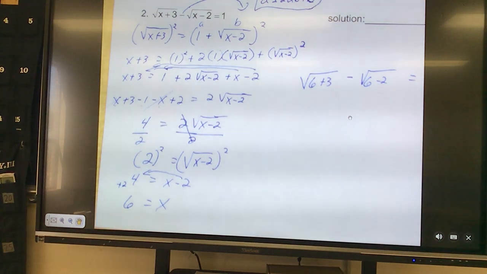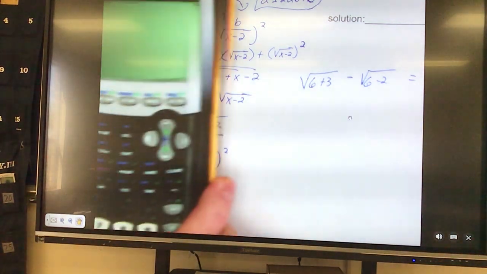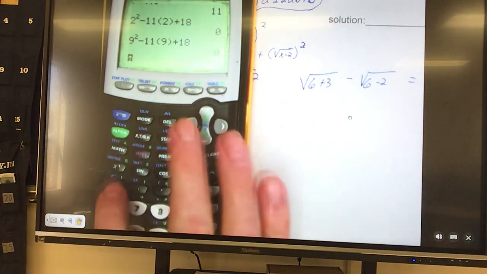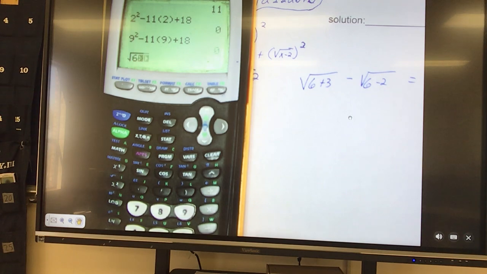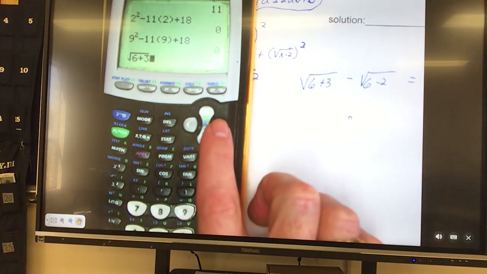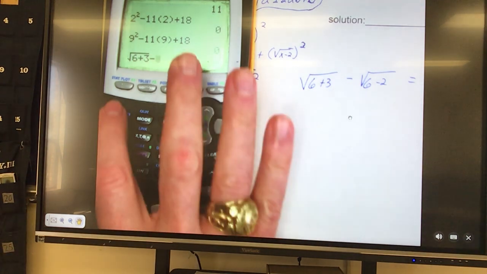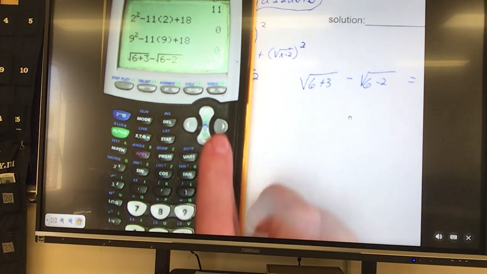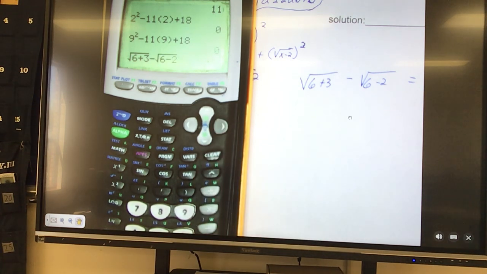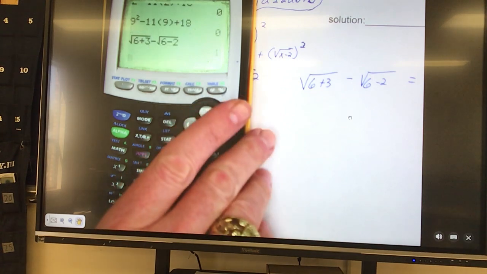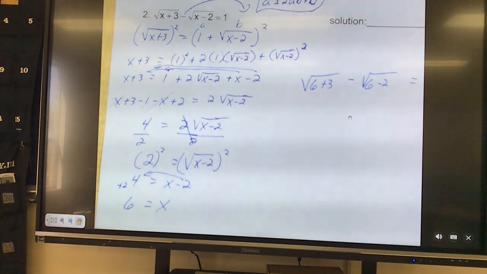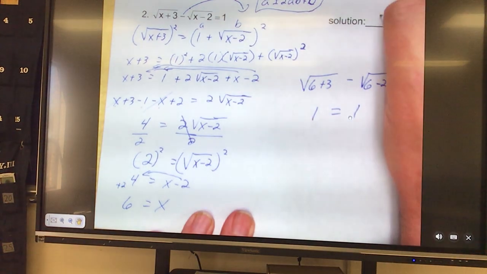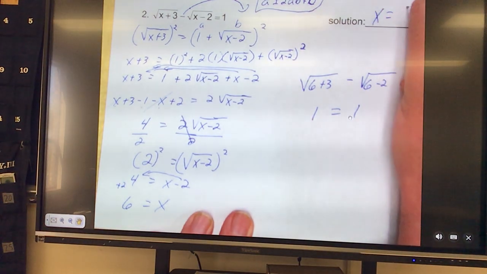So here we go, we crank up our calculator, and I'm going to go square root 6 plus 3, move out from under there, minus square root 6 minus 2, and hit enter, and sure enough, it is 1. Okay, so 1 equals 1. So our solution is x equals 6.